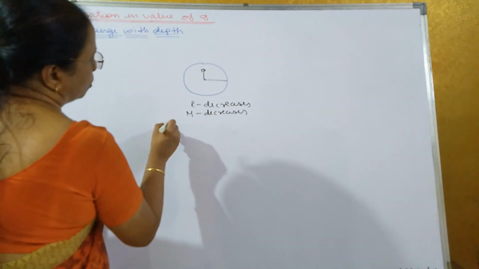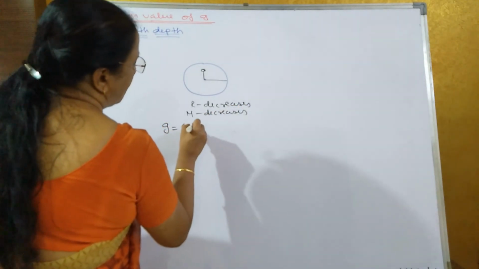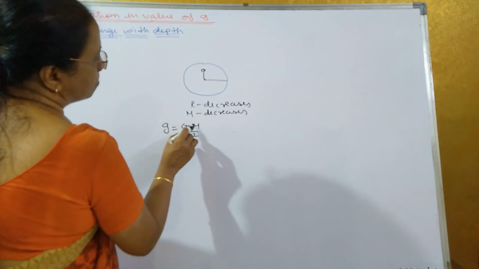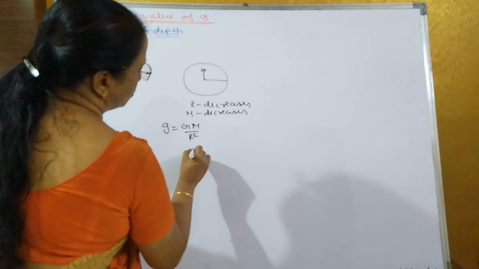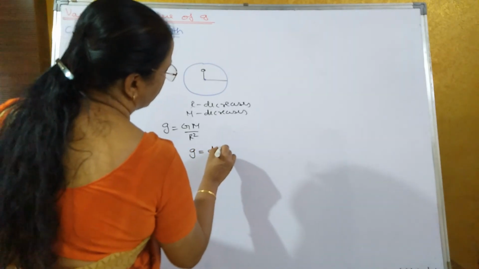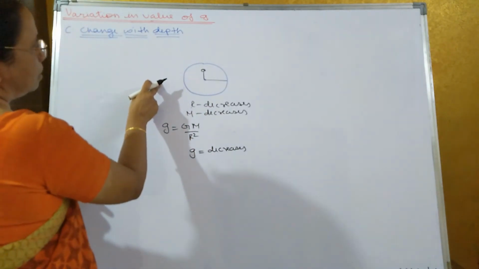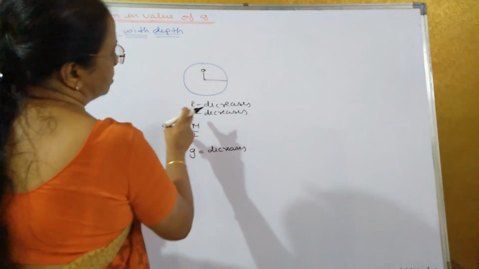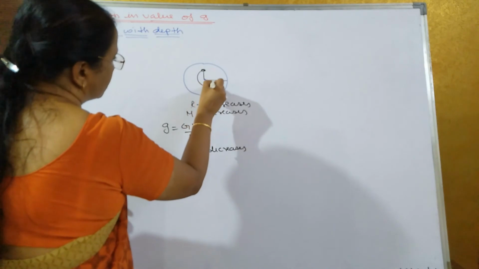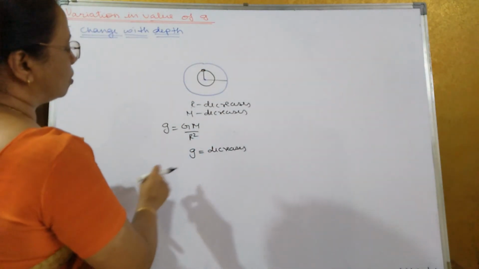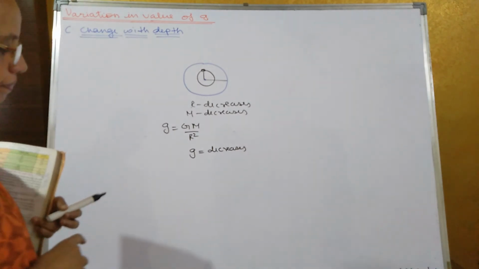So when you know that g is equal to GM upon R square, here R decreases and mass also decreases, therefore the value of g decreases. When you go deep inside the earth, only this much mass is taken into consideration, so the value of g decreases.